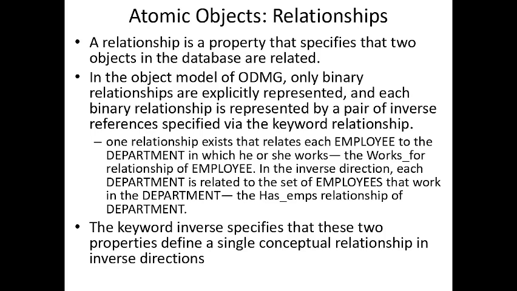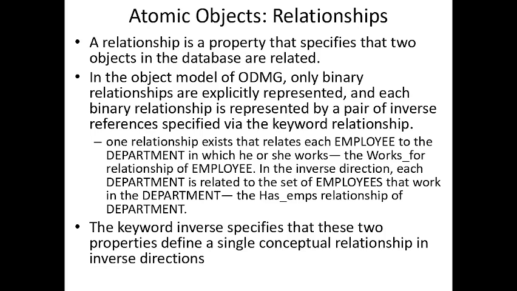And we can also have a relationship, that is a property that specifies that two objects in the database are related. And in the object model of ODMG, only binary relationships are explicitly represented. And each binary relationship is represented by a pair of inverse references specified via the keyword relationship.